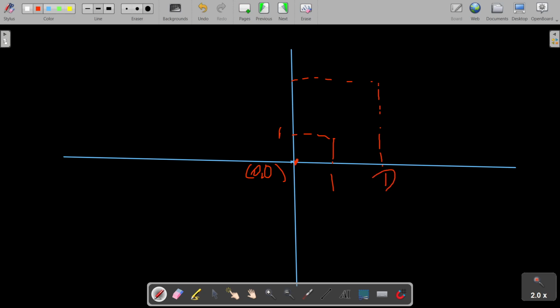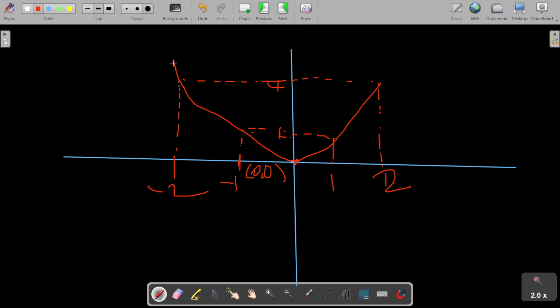If x is negative 1, y is positive 1, it coincides here. If x is negative 2, y is positive 4. And if we join these points, it forms a curve like this.